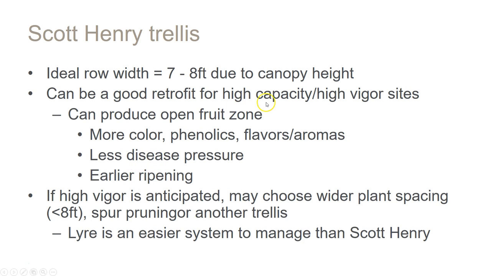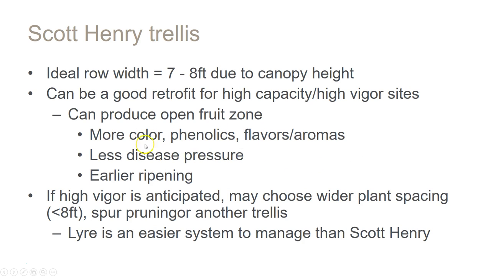If we retrofit, say we had really high vigor in our cane prune Pinot Noir, and we start leaving twice the number of buds in Scott Henry, we attenuate vigor. By doing that, we're going to get less lateral growth, less canopy congestion, more sunlight and heat onto that fruit, and then we're going to develop more color, phenolics and flavors.